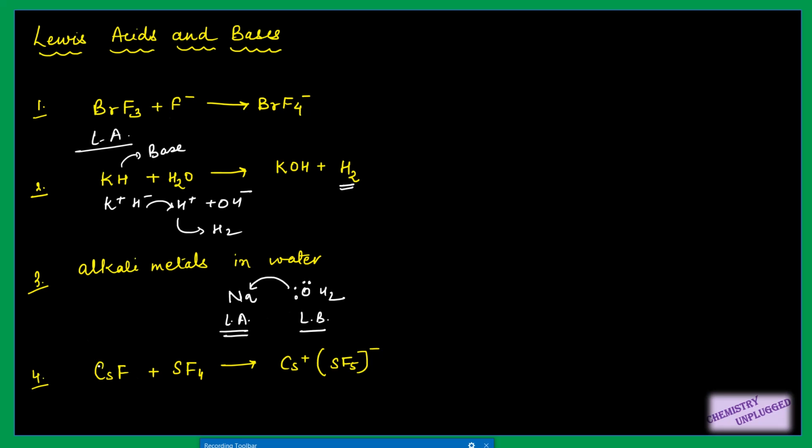But if you are using cesium fluoride in this particular case, then it is providing F minus, which will be attached to SF4 to form SF5 minus, meaning it is donating its electrons to SF4. So it is acting as a Lewis base here. So the definition of Lewis acid and base depends on the conditions. You cannot generalize; you have to check the reaction conditions.